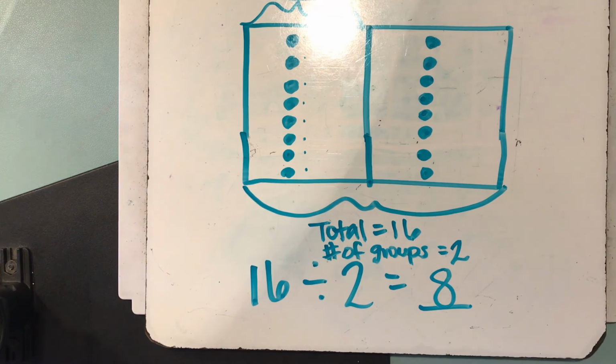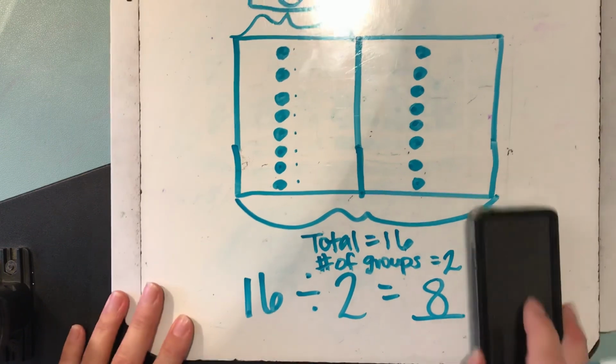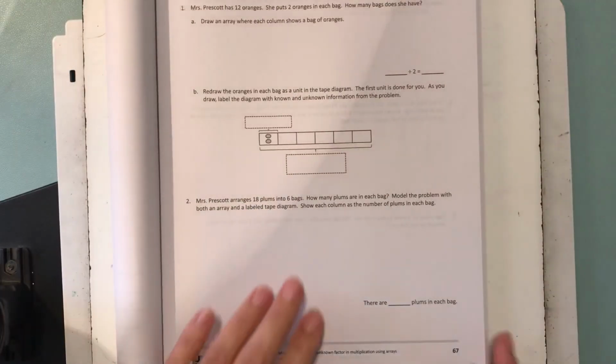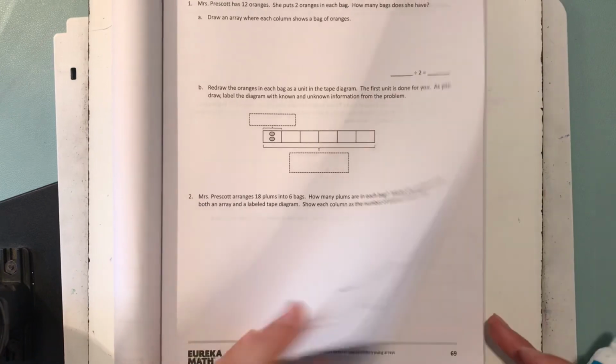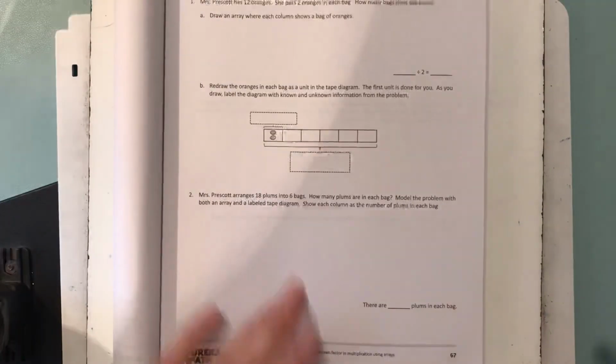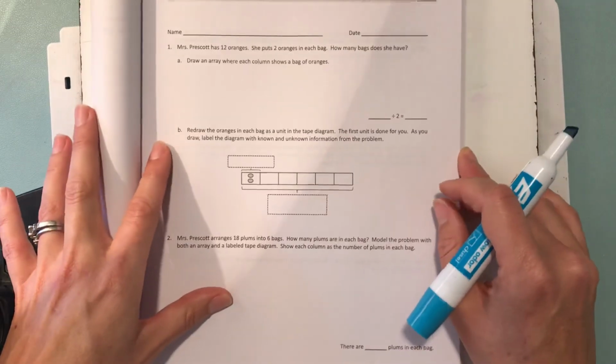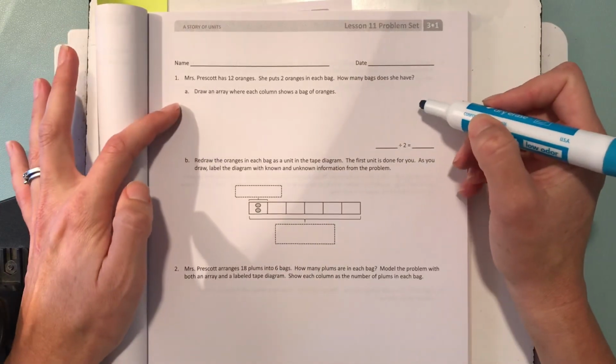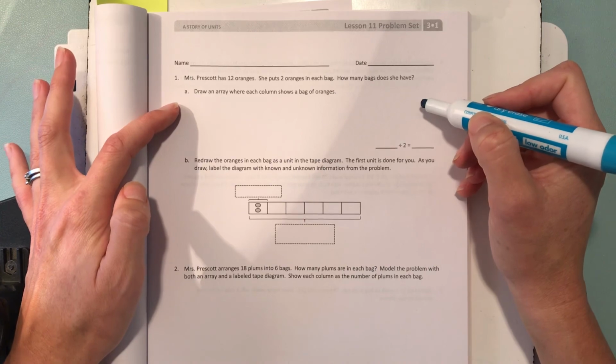For your work today, you guys are going to do this on your own in your workbooks on page 67 and on page 68. And this is very similar to what I did. I did this intentionally so when you did your problem sets, it would look the same.